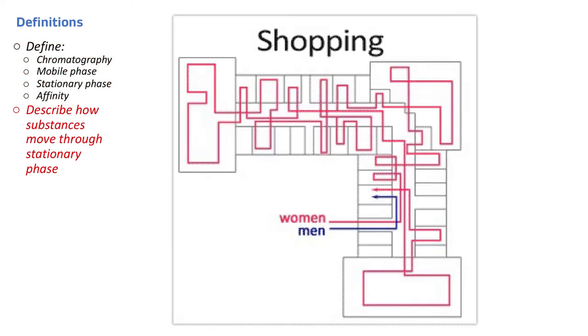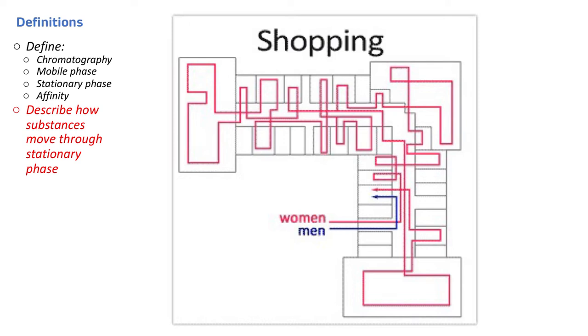Another example of how we might describe this is how we move through shopping centers. In this example, the woman goes through and checks out every shop, but the man goes straight to the one shop and then in and out. You might call the different shops the stationary phase, and the man and the woman the different components of the mixture.